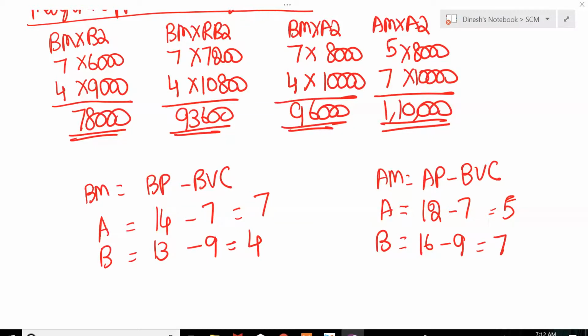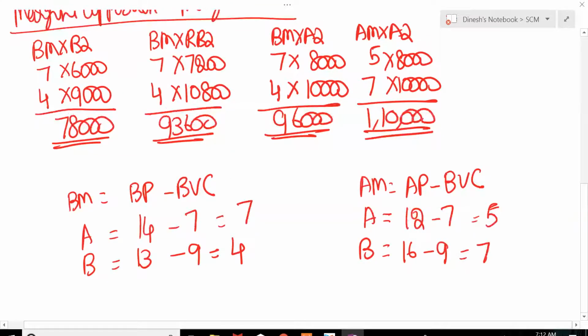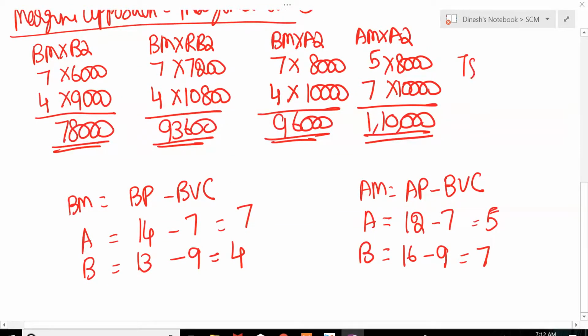So that is going to remain same. All other variances will undergo a change. TSMV is 32,000 favorable. SMPV is 14,000 favorable.